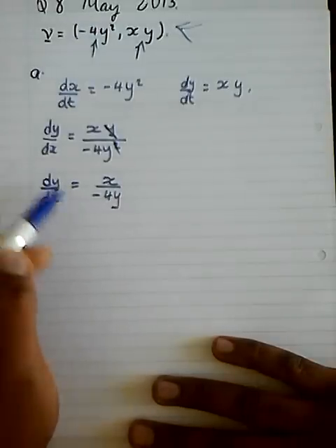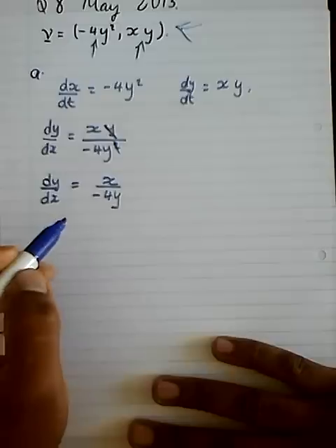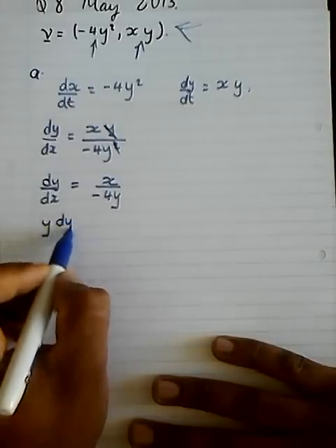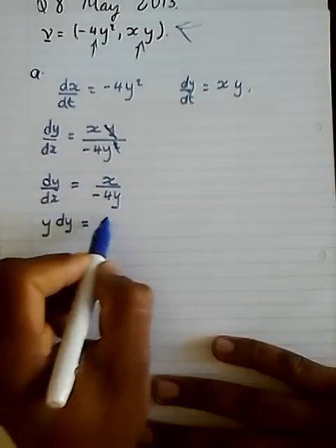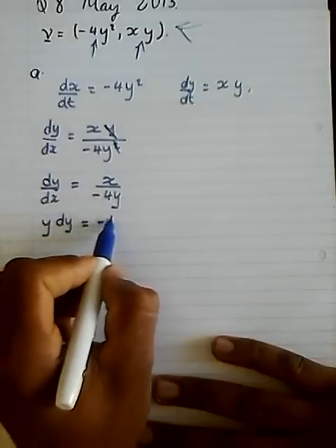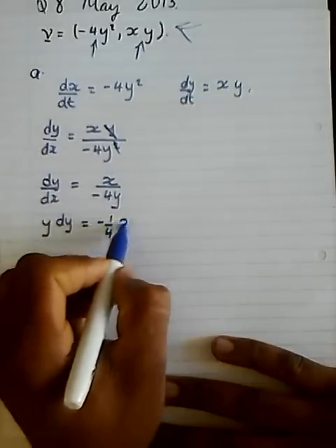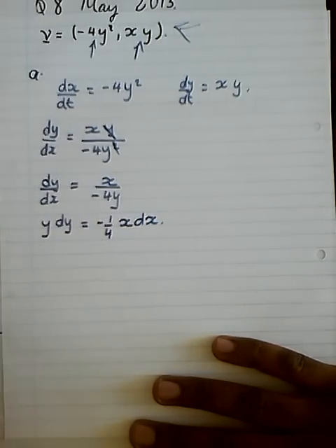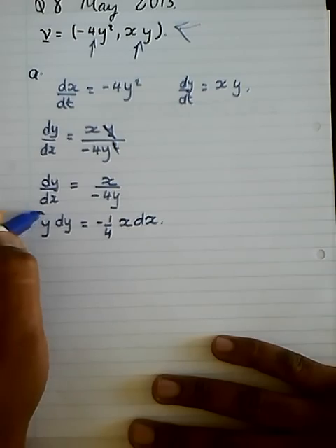We are aware that we can use variable separable, and that will give us y dy is equal to minus 1 over 4 x dx. So we integrate both sides.